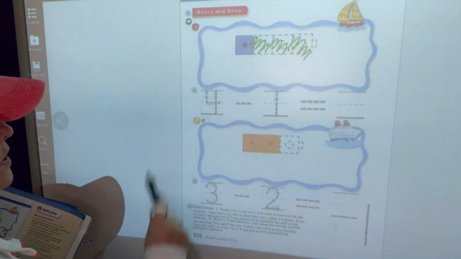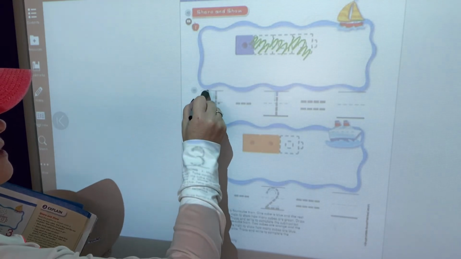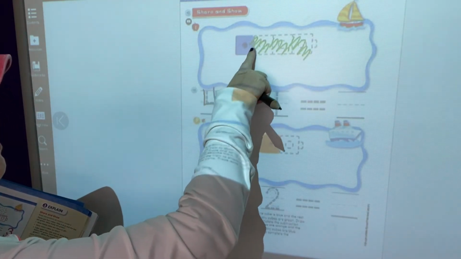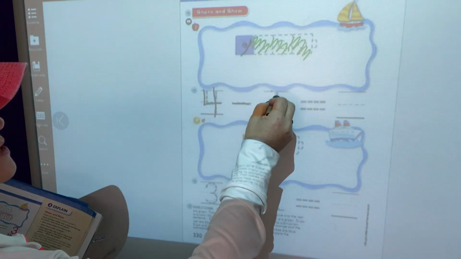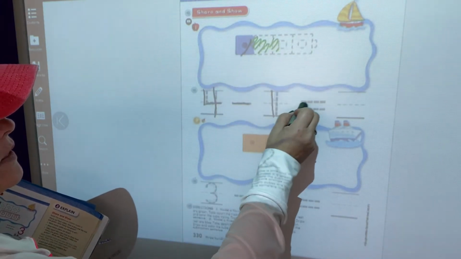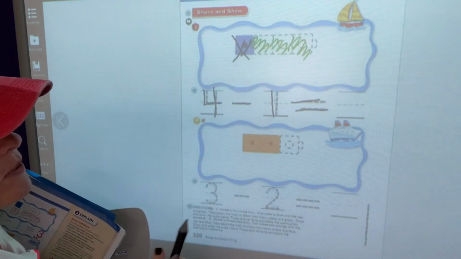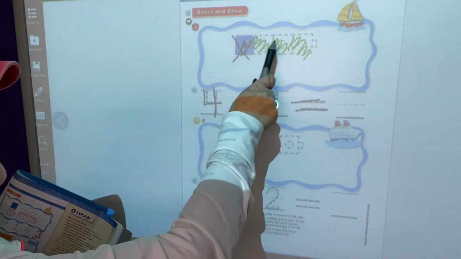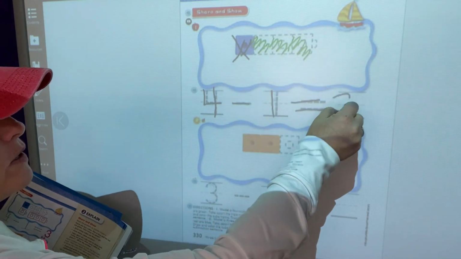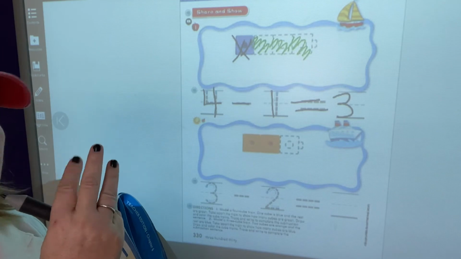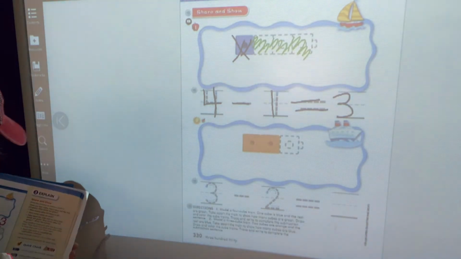So let's move down to our number sentence. 4 minus, we're going to take away the first one, the 1 blue. So let's go ahead and take away that 1 blue. And if we take away that 1 blue, how many do we have left? 1, 2, 3. 4, take away 1, leaves 3 at the end.